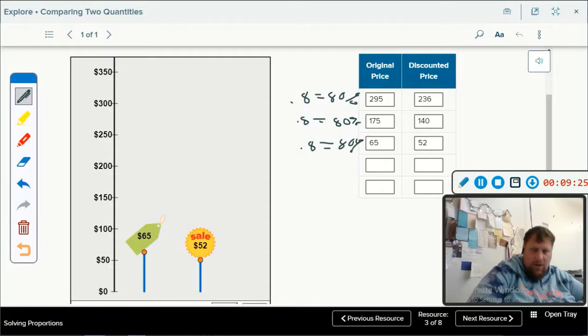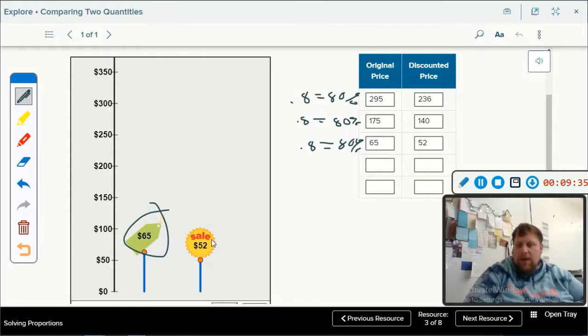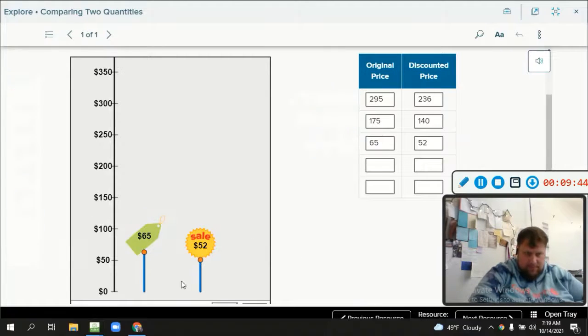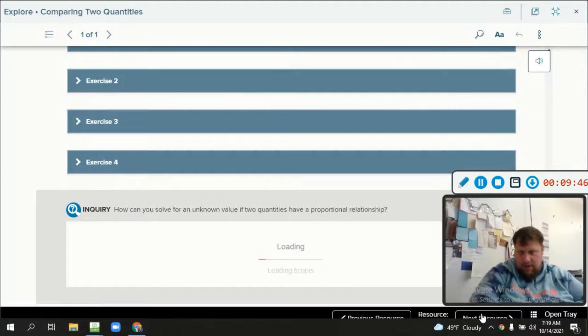So we know without a shadow of doubt, even though we're changing the starting cost right here, the sale is still just going to be 20% off, making us pay a total of 80% of it. Okay? All right. I think that is awesome. I don't think there's anything else down here. Yeah, not that we're going to do.